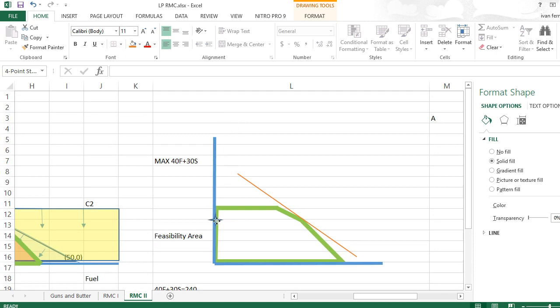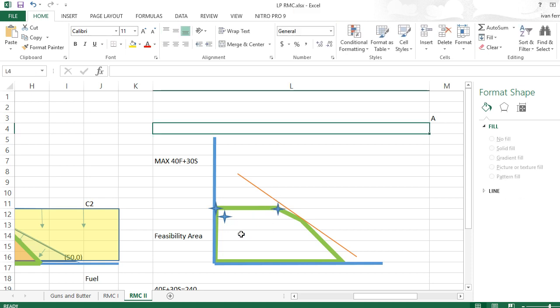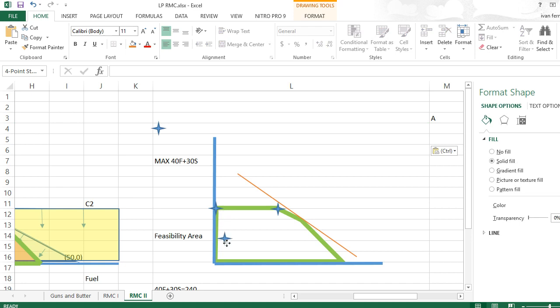There's one critical point here, one here, one here, and one here, and one more here. Those are the critical points. Your solution will always be at one of those critical points.